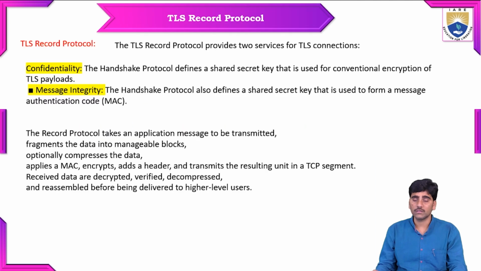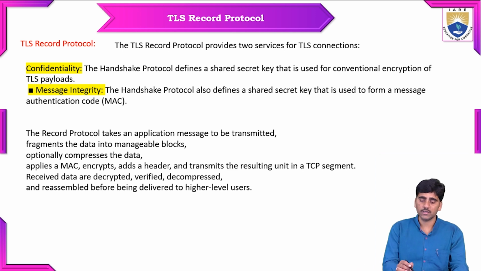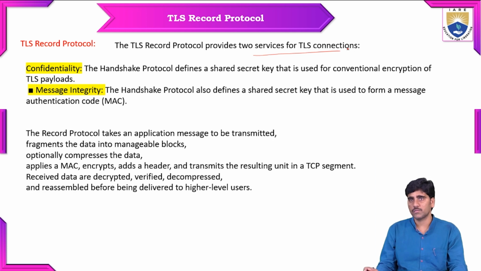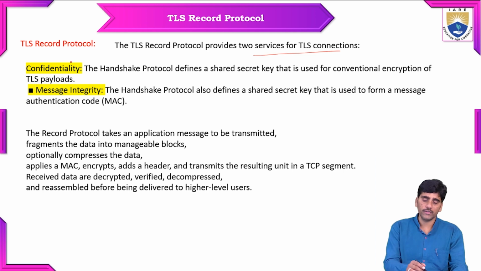The fourth one is the TLS record protocol. What is meant by the TLS record protocol? The record protocol is offered along with the handshake protocol, and it provides two services for TLS connections: confidentiality and message integrity.